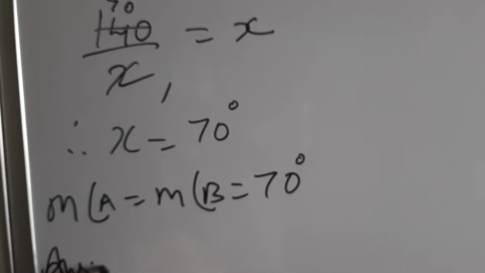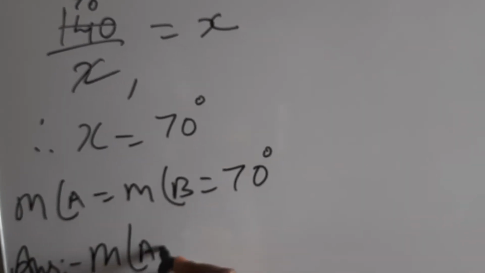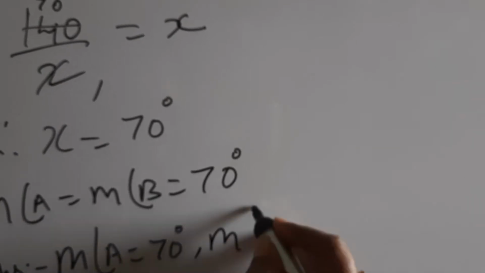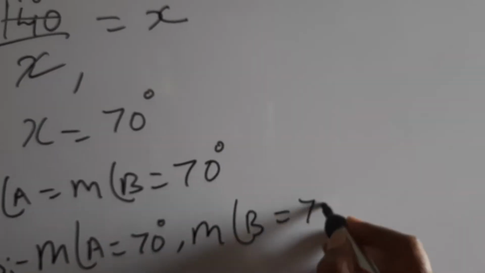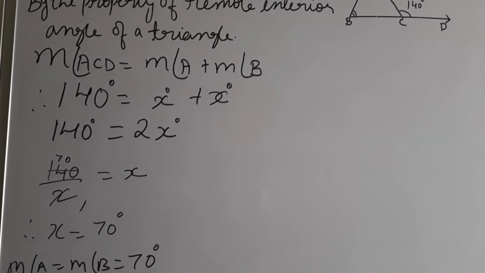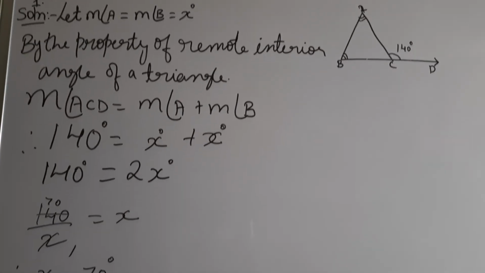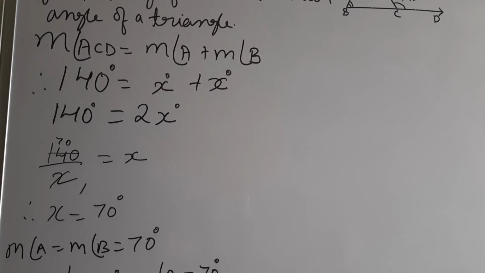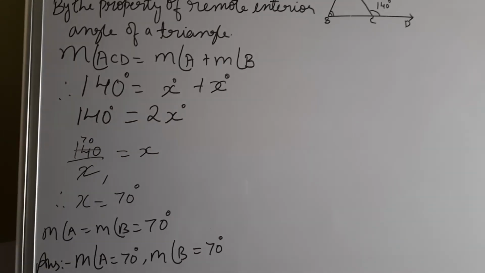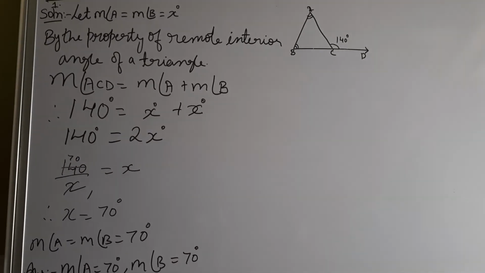So answer, measure angle A equal to 70 degree, measure angle B equal to 70 degree. So this is it. Isn't that easy, children? Right? Only you have to remember the property, that's it. You remember the property and solve the sum.